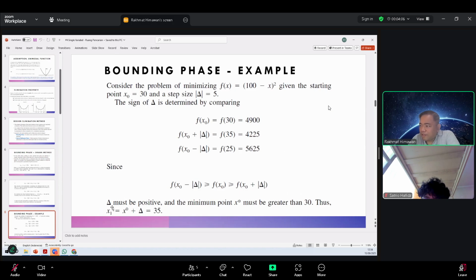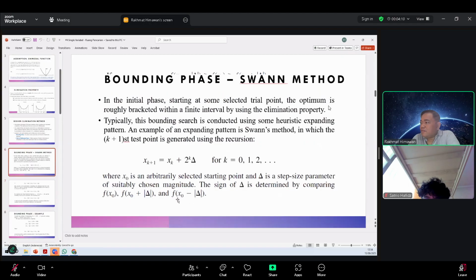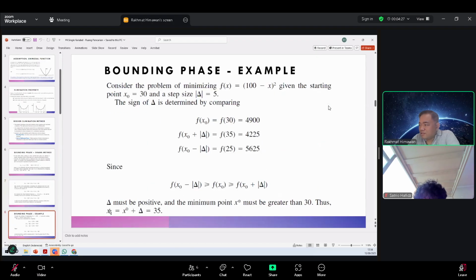How can we get this formula from here? x1 is x0 plus delta. Where is the 2 to the power of k? Remember, k is 0. In this case, k is 0. This is xk, this is xk plus 1.